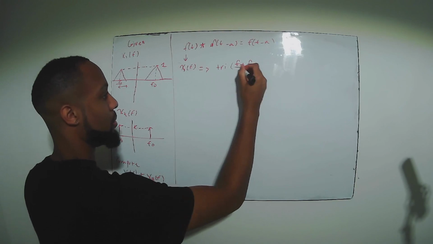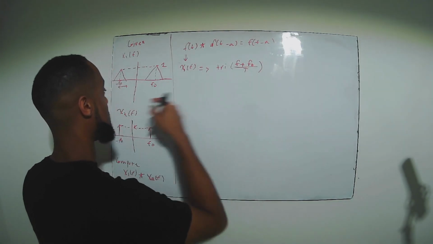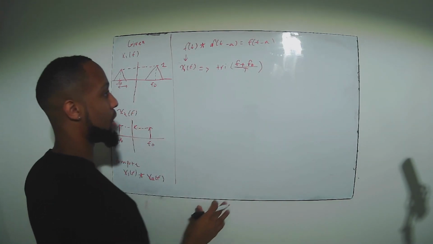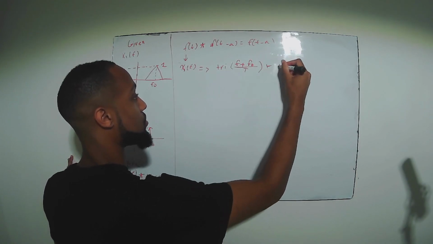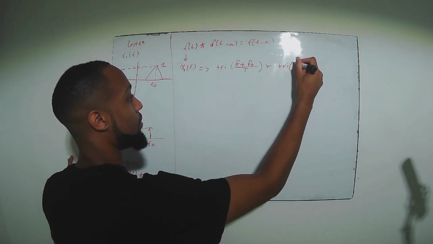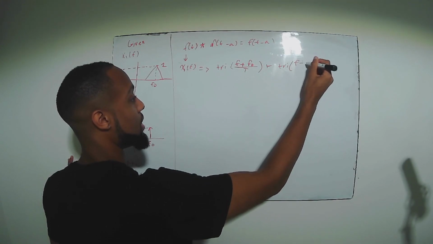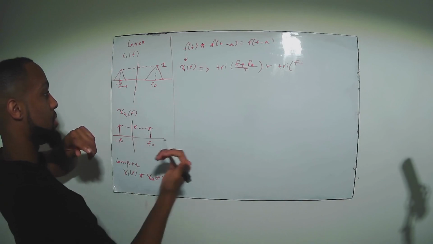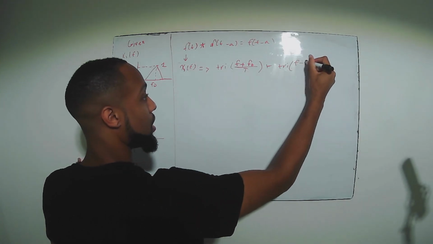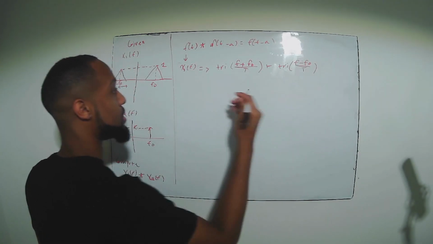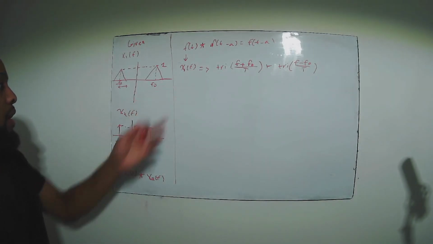This T is the distance from the middle of the triangle to the end of the triangle. And we have plus tri of f, because we're in the frequency domain. Then for this triangle, when you go to the right, you subtract. So this is our function X1(f).